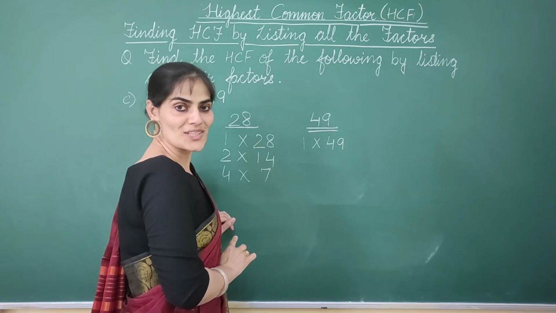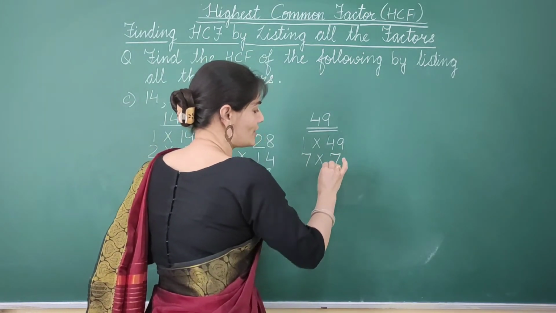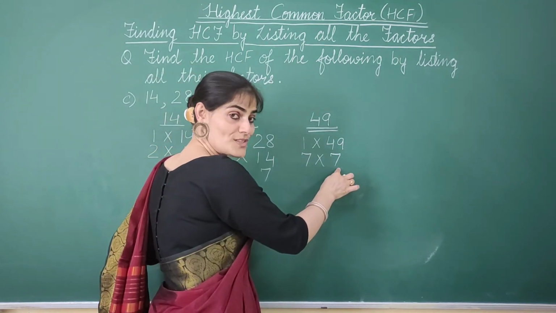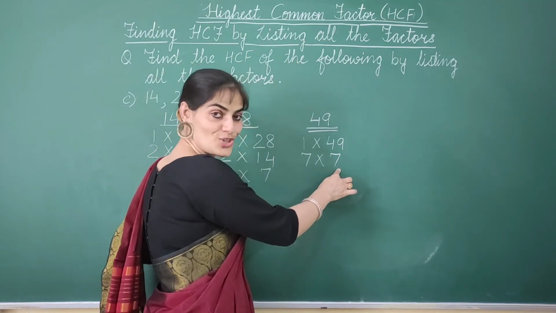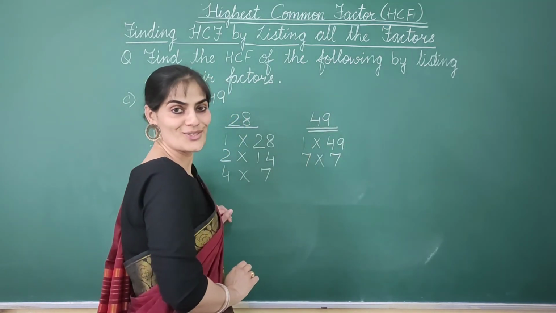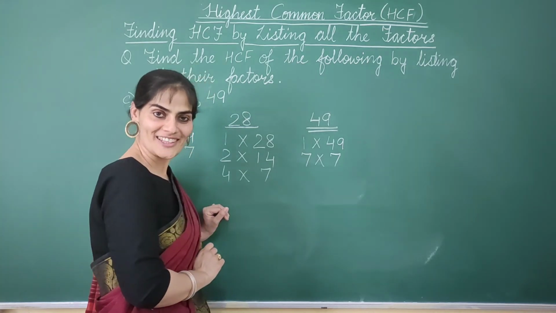The next counting number is 7. And 7 into 7 gives us 49. And what do we observe? That there is repetition of the same number. That means we have found all the factors of this number and we should stop writing the factors now.